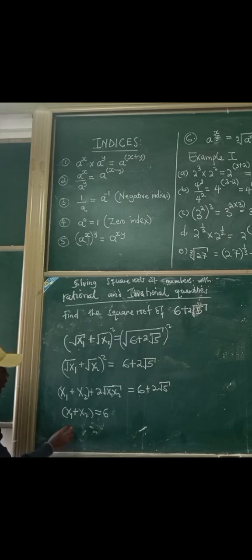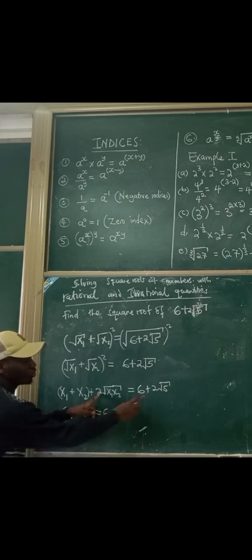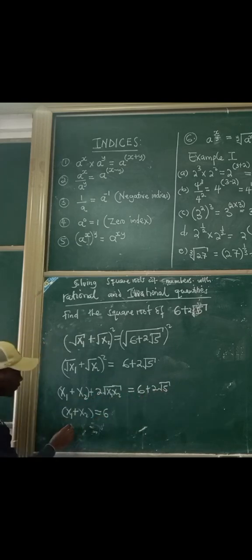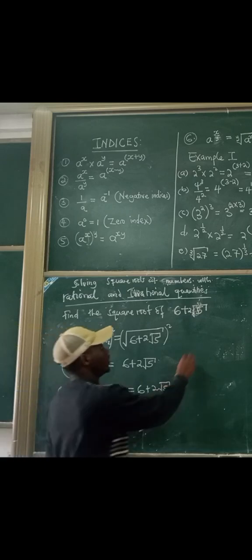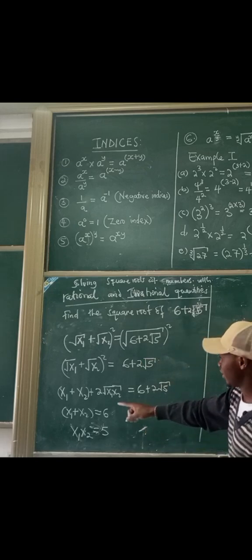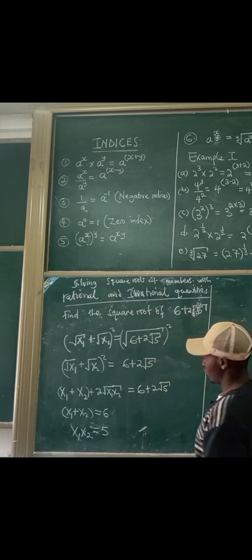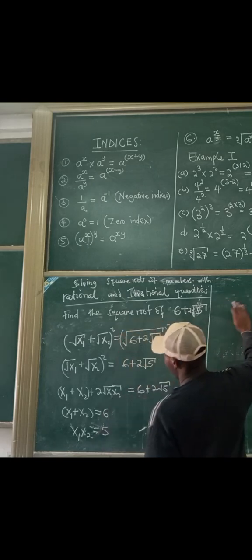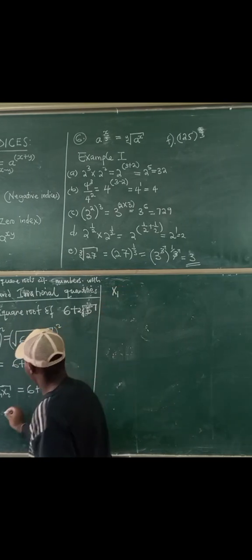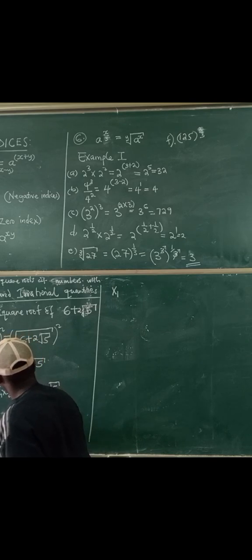So 2 root x1 x2 is equal to 2 root 5, so x1 x2 is equal to 5. Therefore, we get the values of x1 and x2. That is equation 1, equation 2.